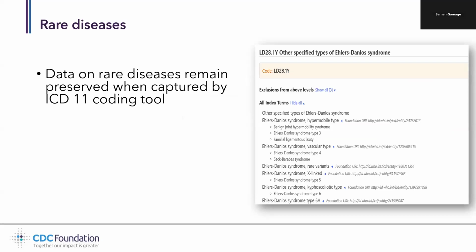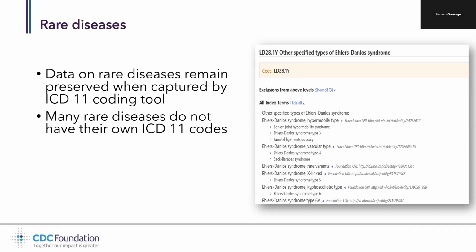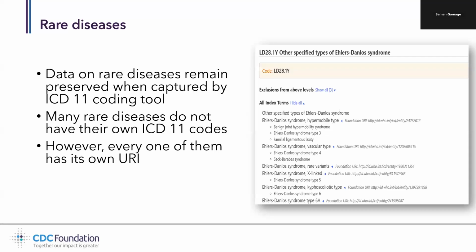Rare diseases. Data on rare diseases remain preserved when captured by the ICD-11 coding tool. Many rare diseases do not have their own ICD-11 codes. However, every one of them has its own URI. For example, Sack-Barabas syndrome.